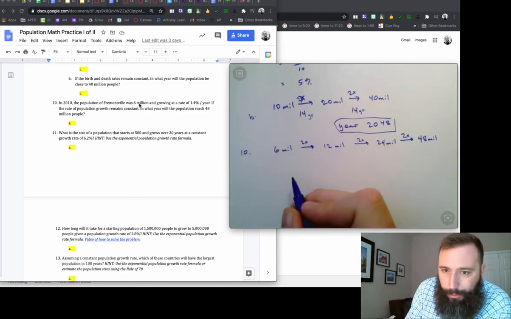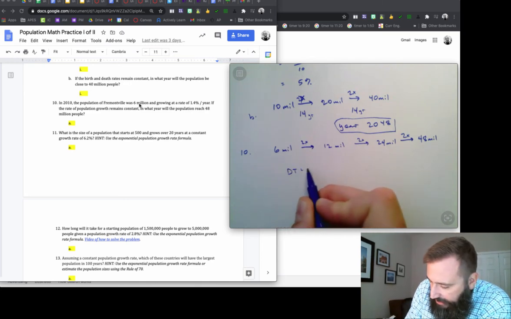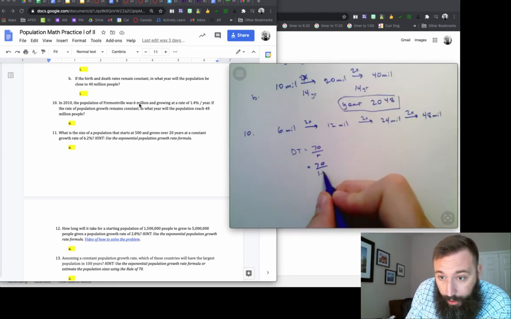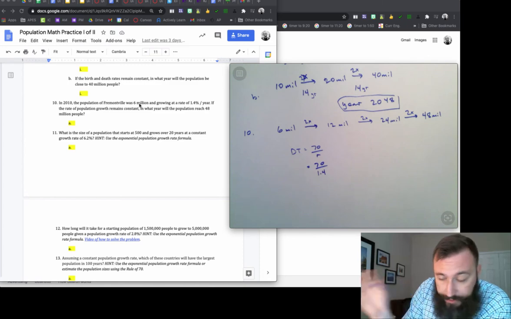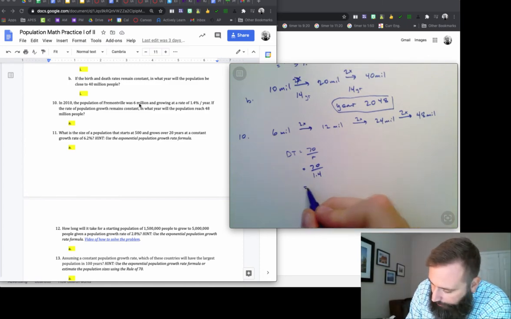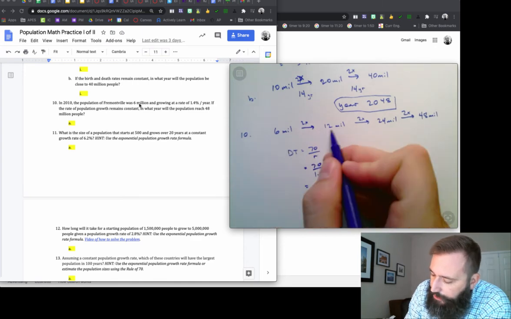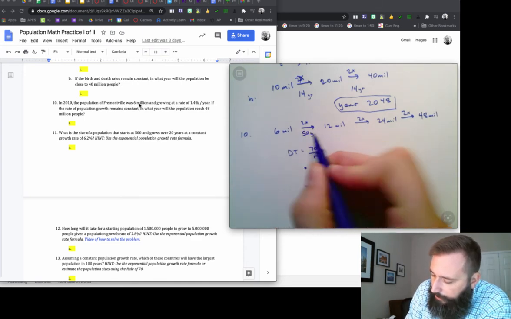So let's figure out what doubling time is. Luckily, it's given us r already. dt is equal to 70 divided by r, which is to say 70 divided by 1.4. All I do is drop the percent sign. I don't have to move the decimal point. This is 50 years. So think about it. To go from 6 million to 12 million, it's going to be 50 years.